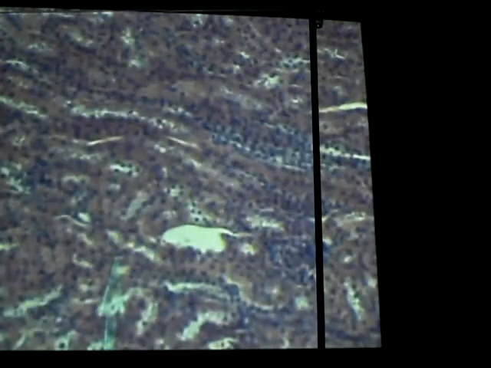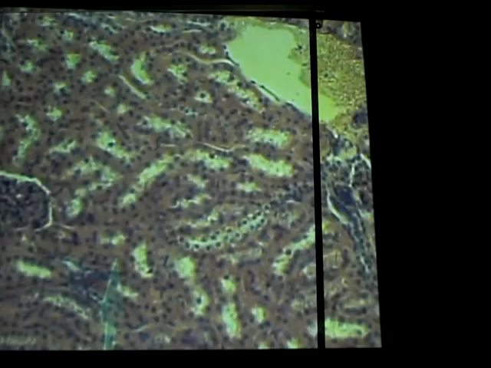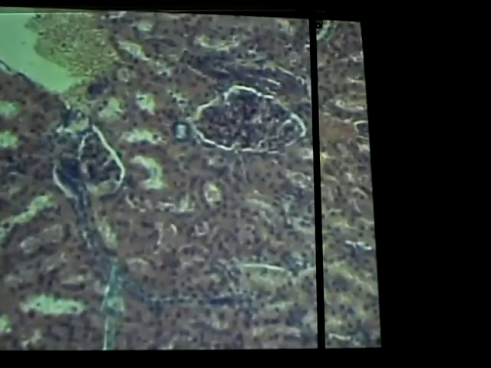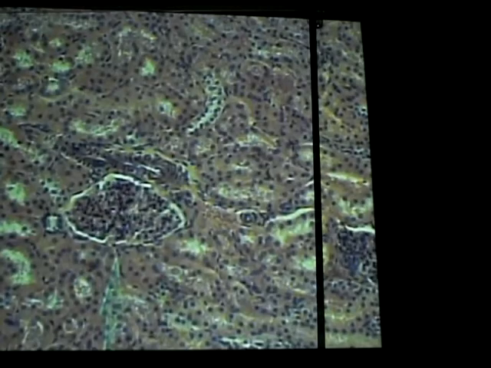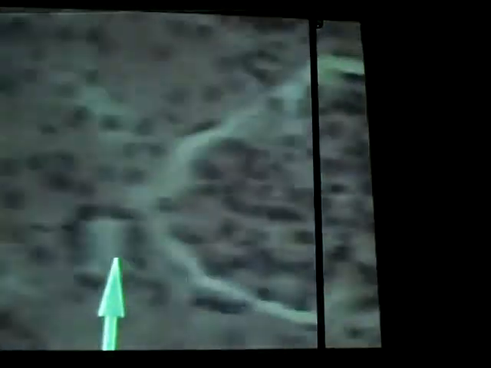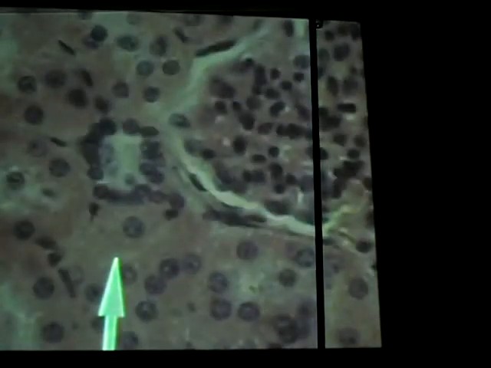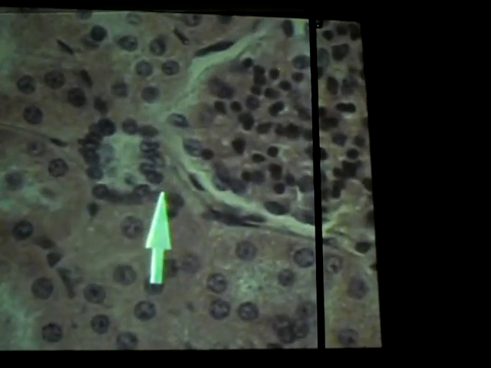Let me see if I can find a good one to show you. We have a distal convoluted tubule here.